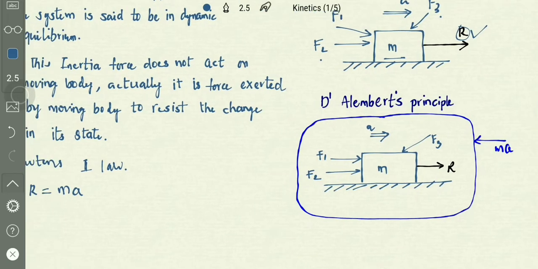So what is D'Alembert's principle saying? He is saying that if a number of forces F1, F2, F3 act on this body, and the resultant of all these forces is R, which makes the body of mass m move with acceleration a, then in order to stop this body, another force ma should be applied in the opposite direction to the direction of motion to convert the body into rest.